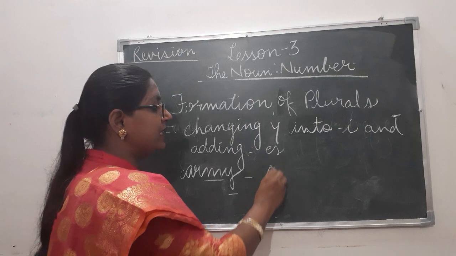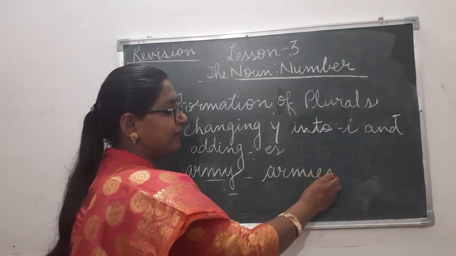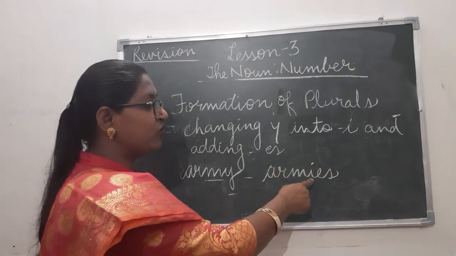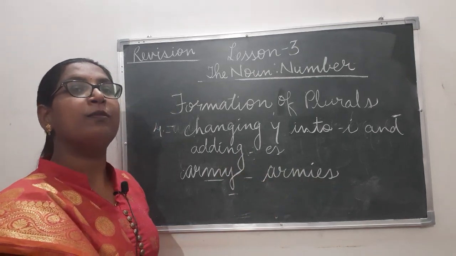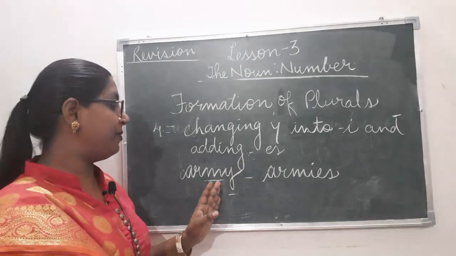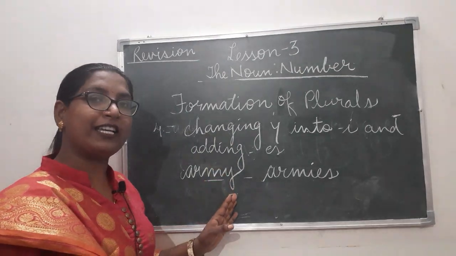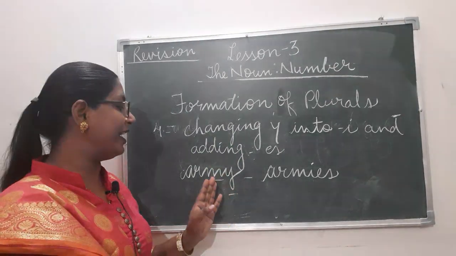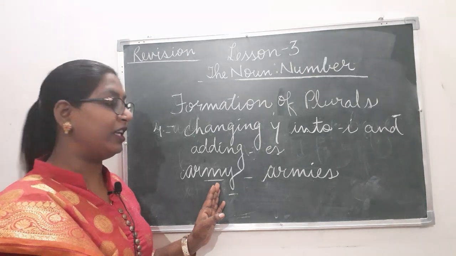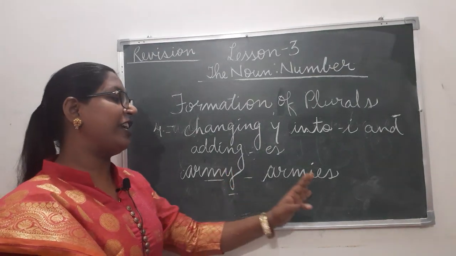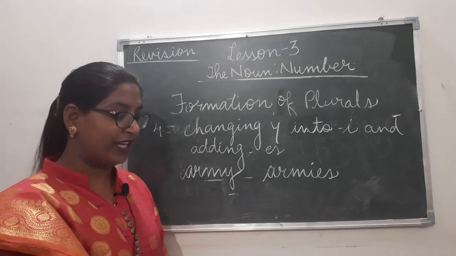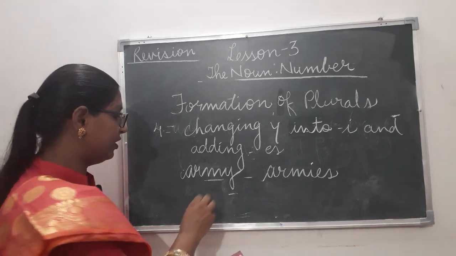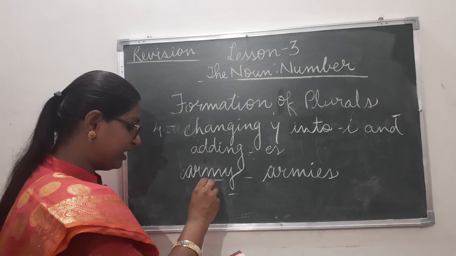It becomes armies. Always remember, when the word is ending in y and before the y comes any consonant, y is changed into i and then we add es with it to make it plural. Let us see another example.